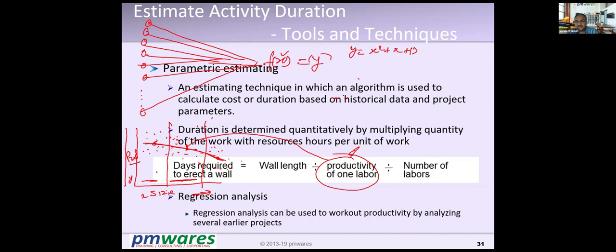Got it? So parametric estimates are calculated. They are based on a study of many projects, not one project, and then deriving a formula and using that formula to estimate the new project.